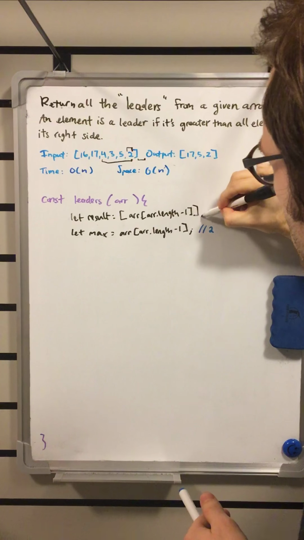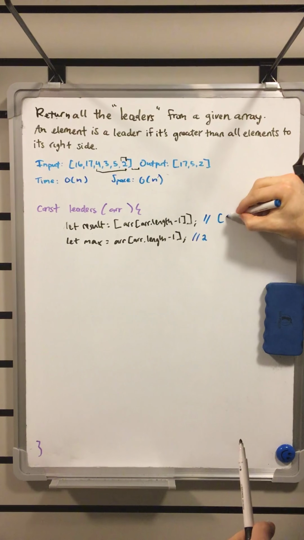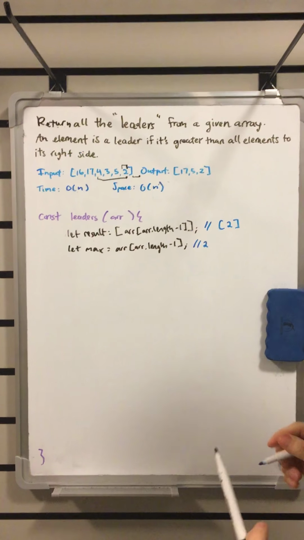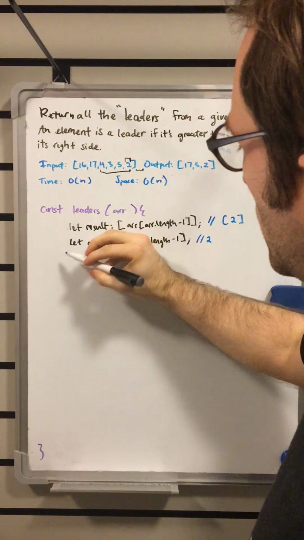Maybe a little bit verbose, but basically we would just be saying, okay, let's already store 2 inside of our result, so that we don't have to push it in anyways.